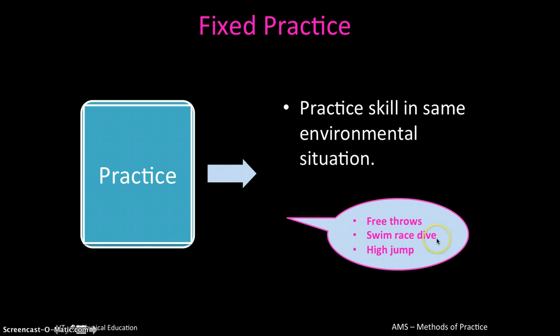Similarly, with a race, swimming, race dive, possibly high jump, you don't tend to attempt to jump over the bar from different angles. You have your set process, and you just need to practice it from that same situation in that same environment. So fixed practice, the same skill, the same environment.